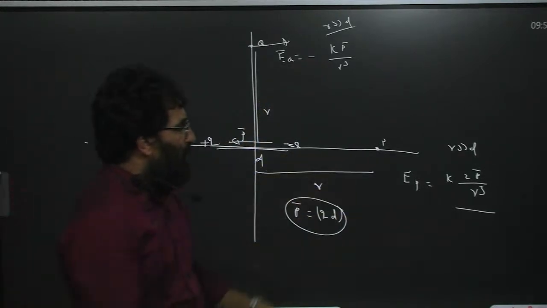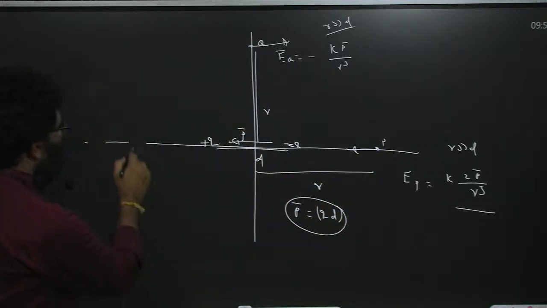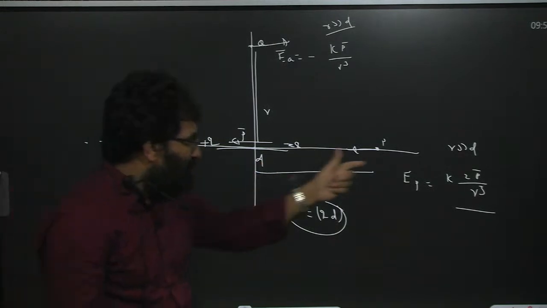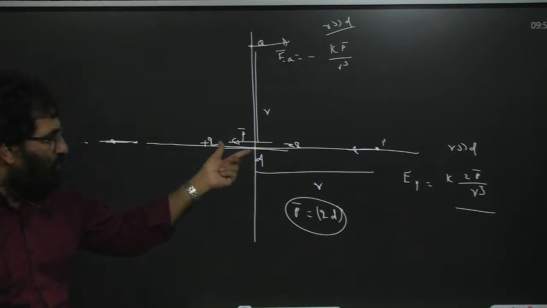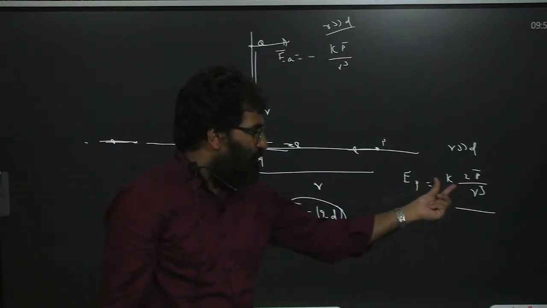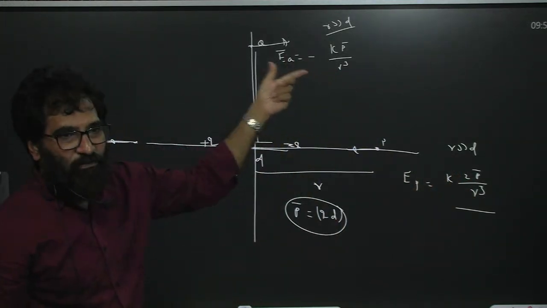But always remember, along the axial points, the field is in the direction of the dipole moment only, with value K into 2P bar by R cube. On the bisector it is K P bar by R cube in the opposite direction.